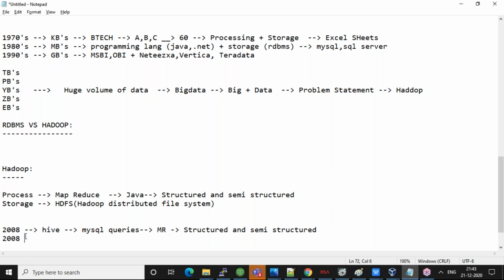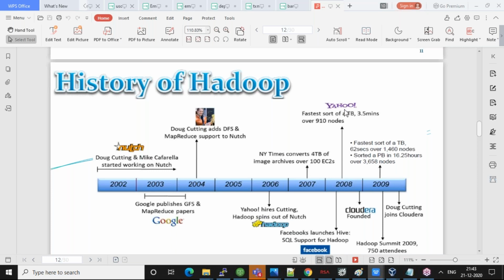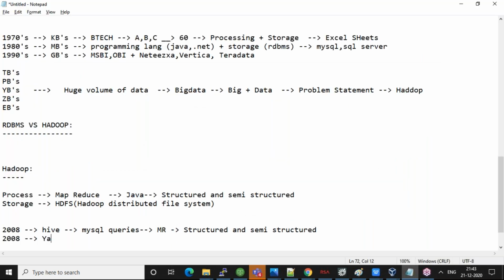In the same year, Yahoo introduced Pig. Hive, Pig, HBase, Sqoop are all related to the Hadoop ecosystem.